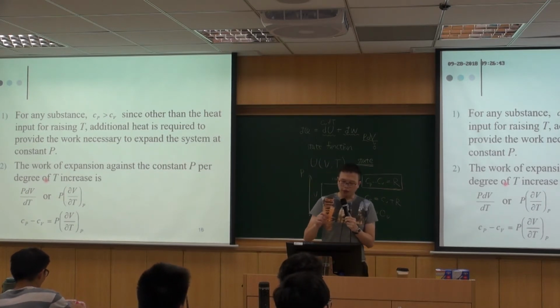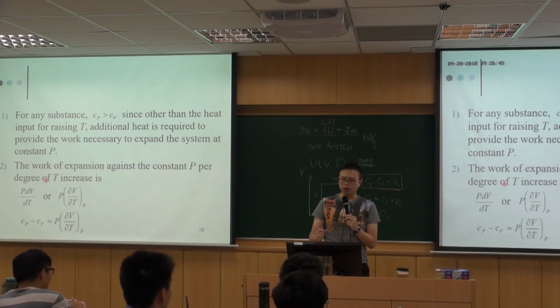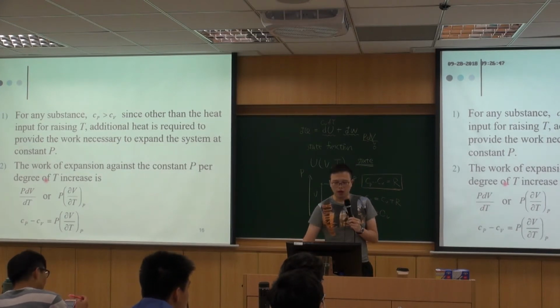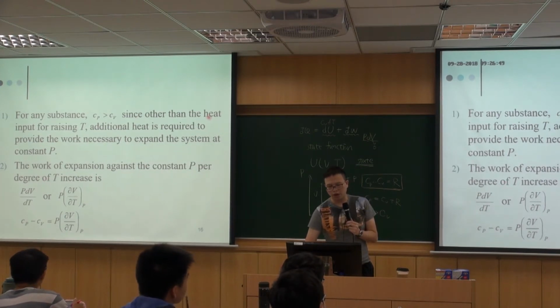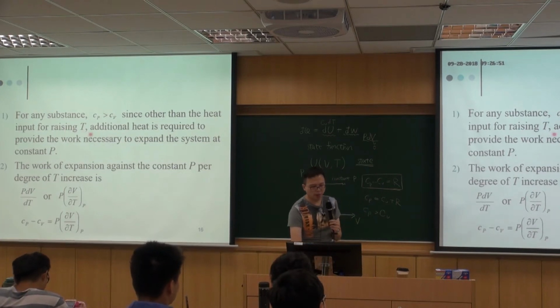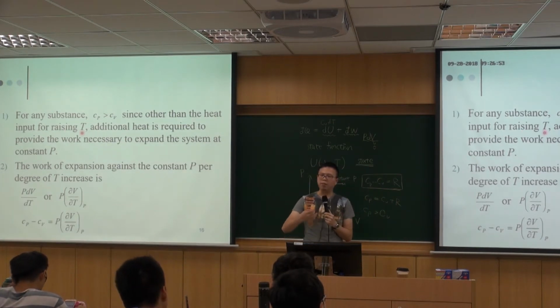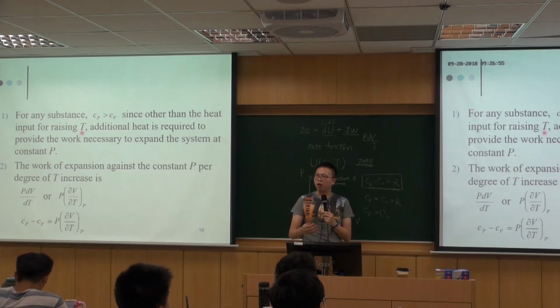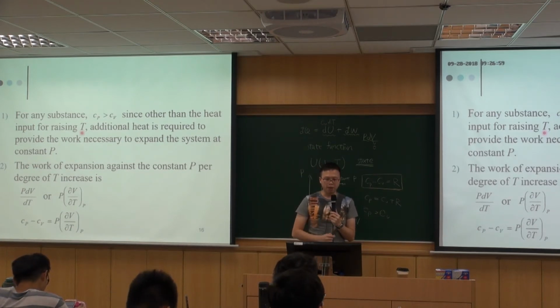And the physical origin for this is that, other than the heat input for raising temperature, imagine that you're dumping heat into your system and the temperature of the system will go up, right?